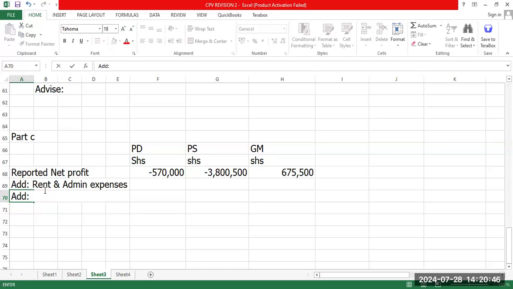You have to first add back to restate its original position. You want to restate net profit without rent and admin expenses, also without admin salaries and general expense.